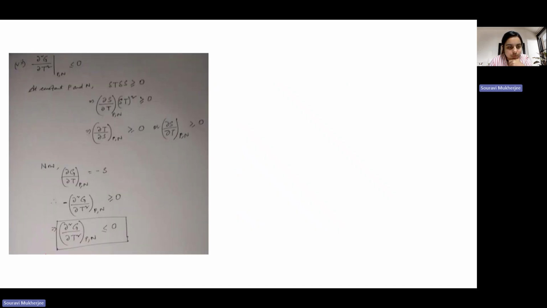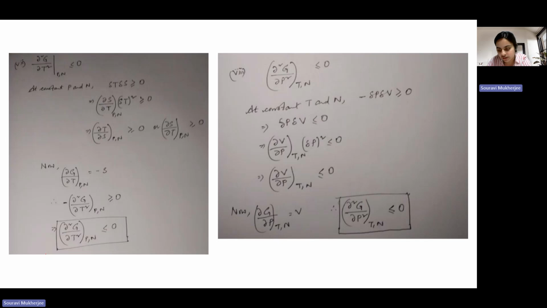The same process goes on for Gibbs free energy. So that's how the initial stability criteria can be written in terms of different inequalities involving different partial derivatives of the thermodynamic potentials, and these inequalities talk about how a system approaches stable equilibrium.